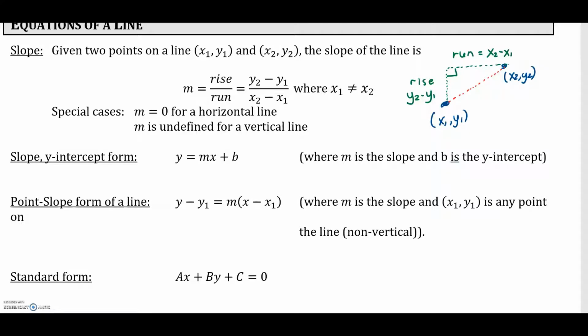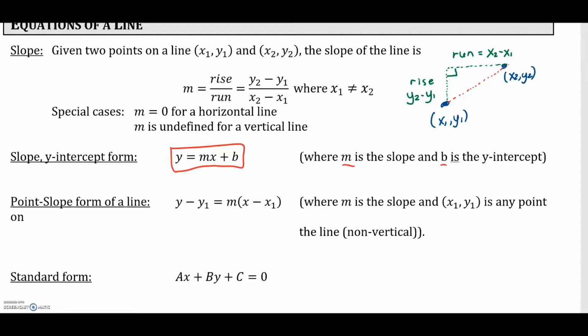Our special cases: when m is equal to 0, we have a horizontal line, and when there's a vertical line, the slope is undefined. The first equation that we're going to look at is slope y-intercept form. We have the equation y is equal to mx plus b, where m is your slope and b is the y-intercept.